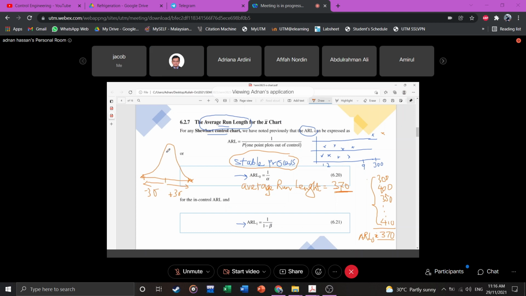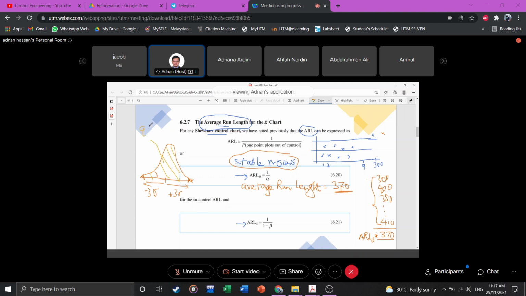The area under the curve of this normal distribution will be 99.73. I think everyone knows about it now.